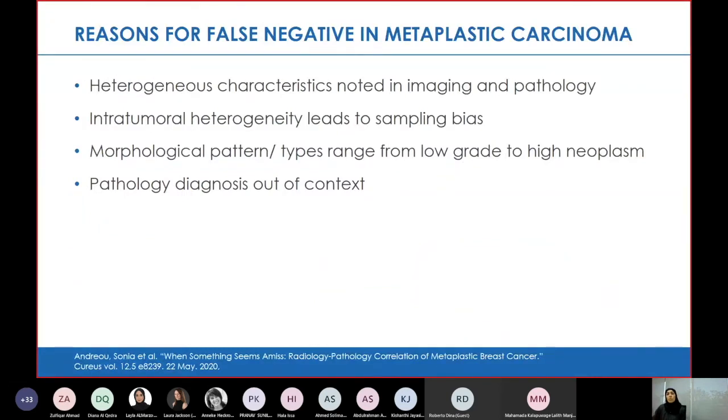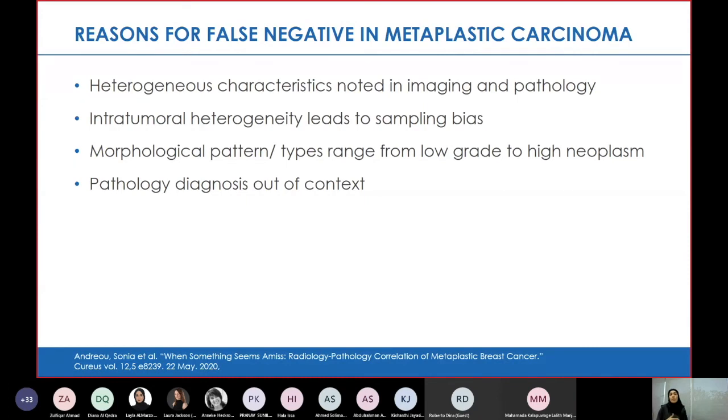So what are the reasons behind false negatives in metaplastic carcinoma? I believe the heterogeneous characteristics noted in both imaging and pathology, and this also accounts for sampling bias. In the case that I presented, there was an area which might look like inflammatory mastitis, so this adds to more false negatives. Also, there is a morphological spectrum and pattern in metaplastic carcinoma.